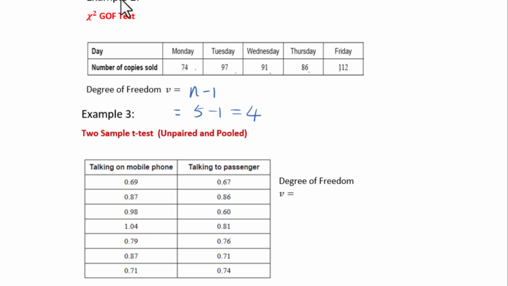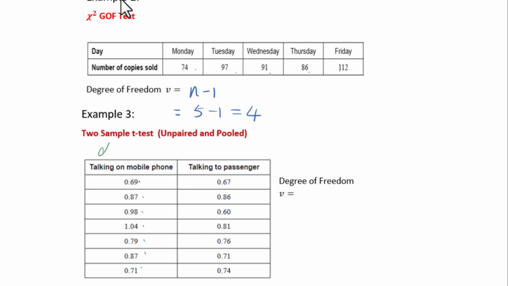Let's go to example 3. 2 sample t-test, unpaired and pooled. Look at the given data. We have 2 sets of data. For the first set of data, 1, 2, 3, 4, 5, 6, 7.